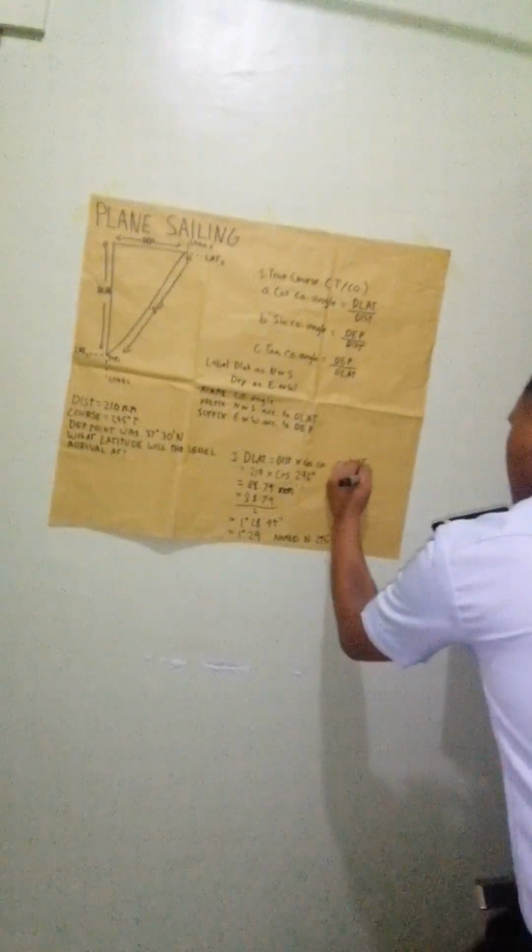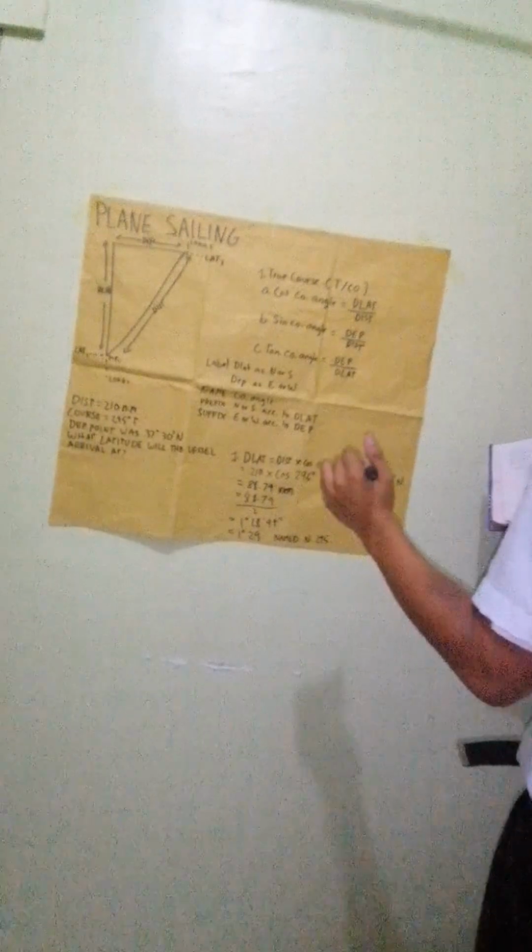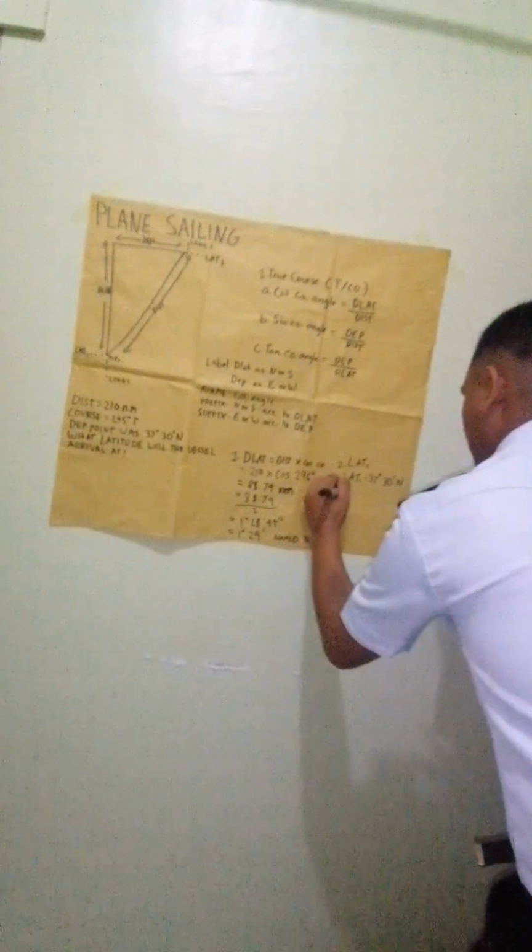Latitude 1 is 37 degrees and 30 minutes north. And the d-lat is 1 degree and 29 minutes, or 1 degree and 28 minutes and 44 seconds. And we put the d-lat.